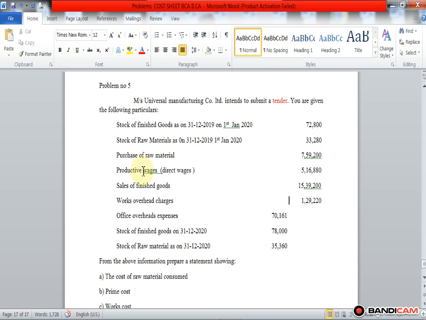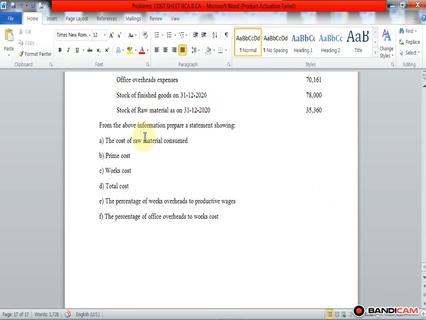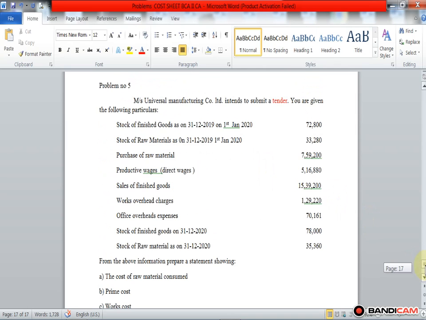Sale of finished goods is a sales during the year, so it is helpful to find out the profit, but we only have to prepare a statement showing total cost. Okay, in our problem they did not say to find out the profit of the organization, so sales during the year should not be taken into consideration.